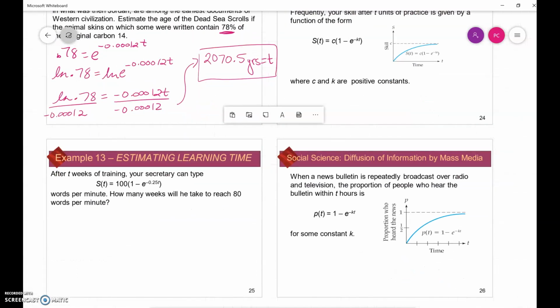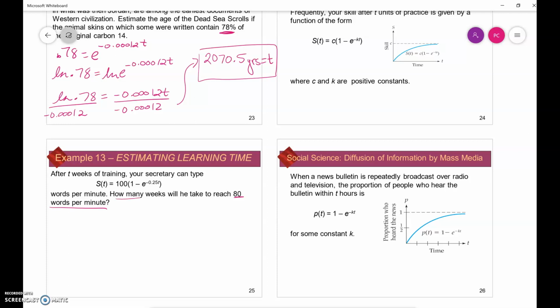After T weeks of training, your secretary can type S of T equal to 100 times the quantity 1 minus e to the negative 0.25 t words per minute. We want to know how many weeks it will take for them to reach 80 words per minute. So we're looking for that t.